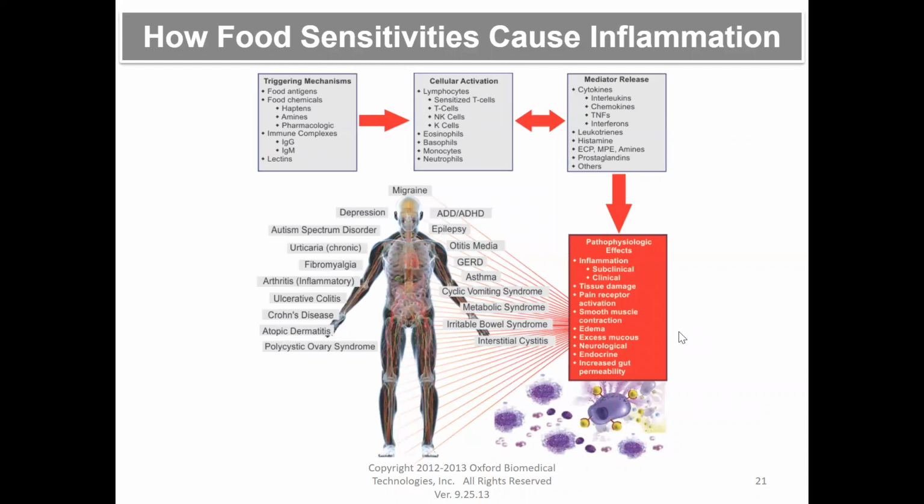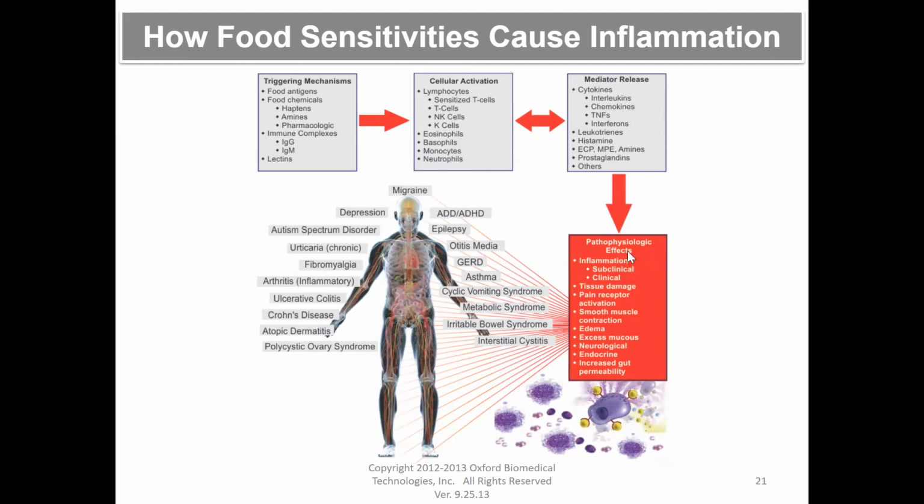So another snapshot of how food sensitivities cause inflammation. I'm not going to go over this in greater detail, but you do have the triggers, so the antigens, the chemicals. Then you have the cellular activation of our immune cells, and then our body begins to release these mediators. That's essentially what we're testing for, certain mediators that are affected by the food antigens.